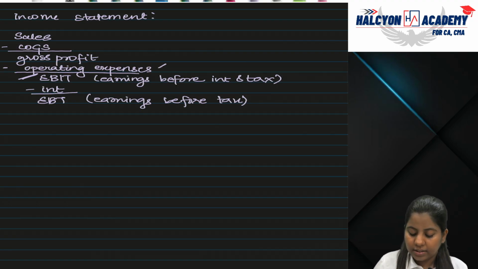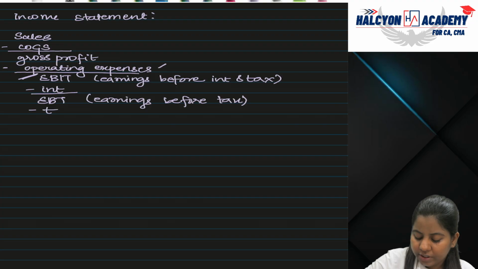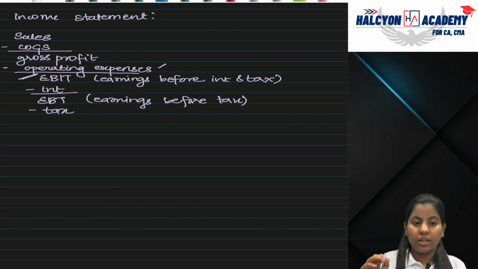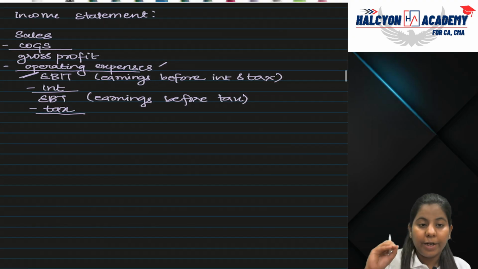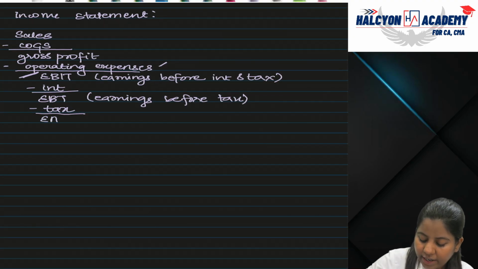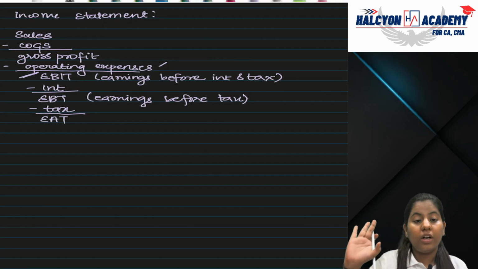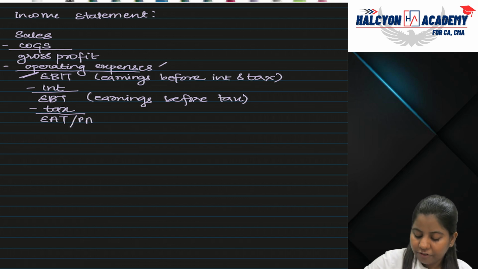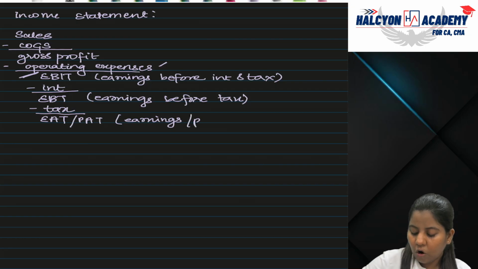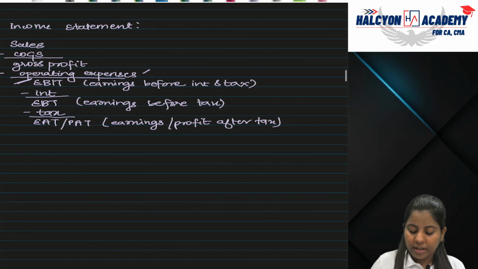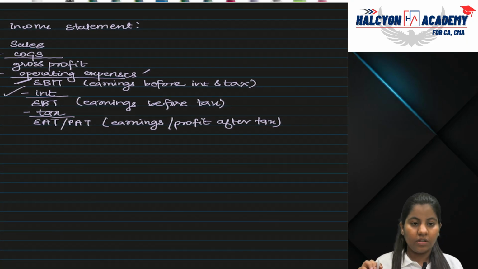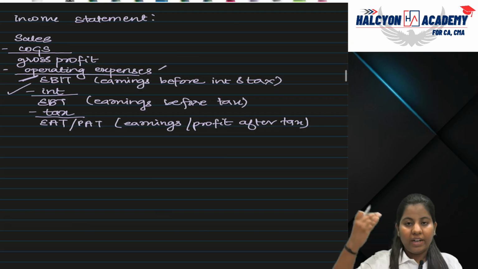Now we have to deduct tax from EBT. Then this is the final net profit, that is EAT, earnings after tax or profit after tax.